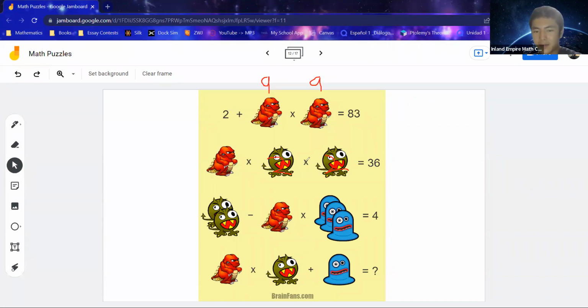So since one monster is equal to 2, 2 monsters would equal to 4. So 4 minus 9 times something is equal to 4. Huh. That means this entire chunk here is equal to 0, isn't it? Because 4 minus a number is equal to 4. That means this number must be equal to 0. But we know that the T-Rex is equal to 9.